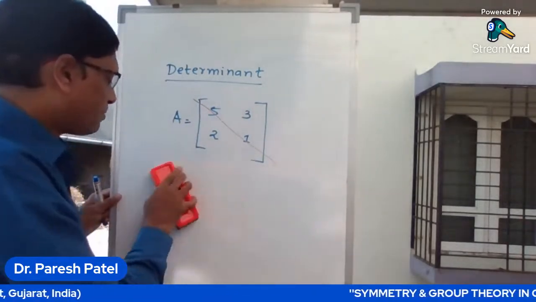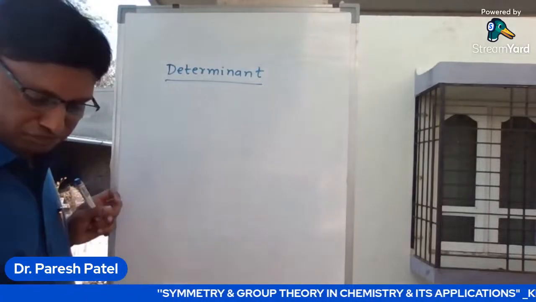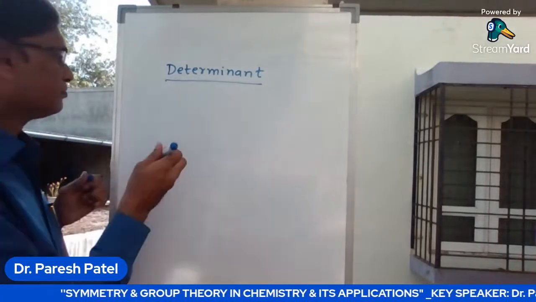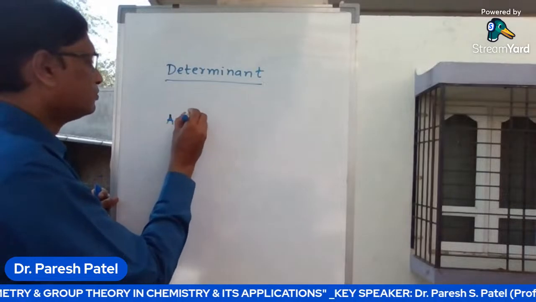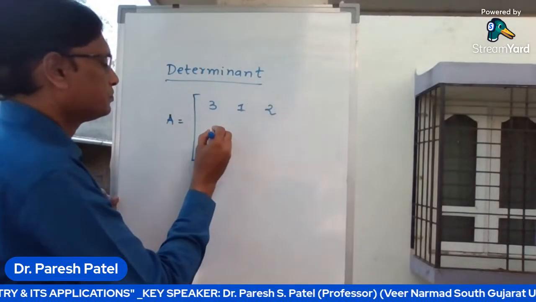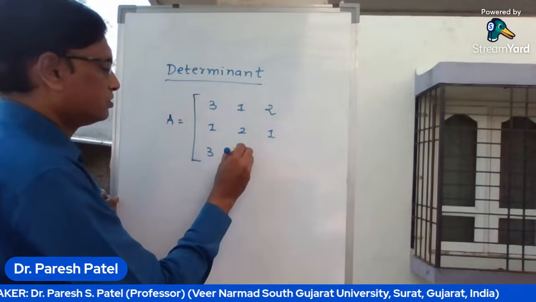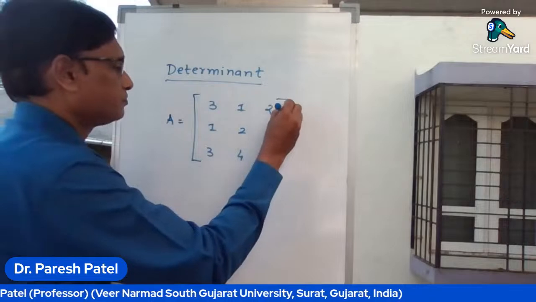In case of the three-dimensional matrix, A is equal to 3, 1, 2, 1, 2, 1, 3, 4, 0.